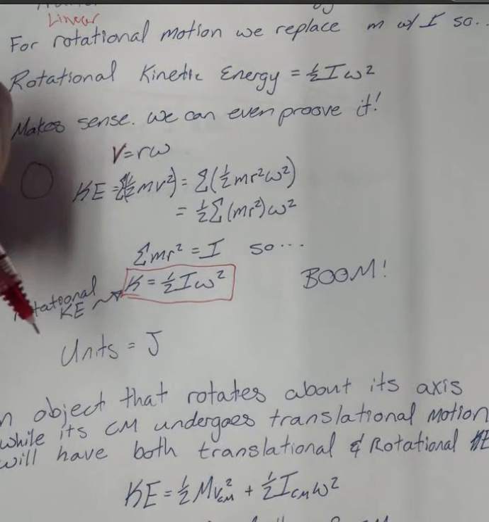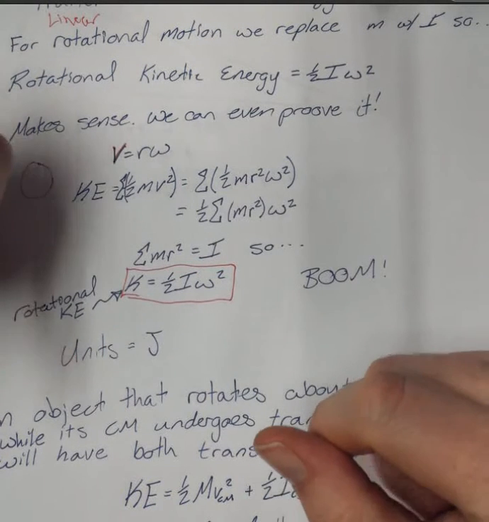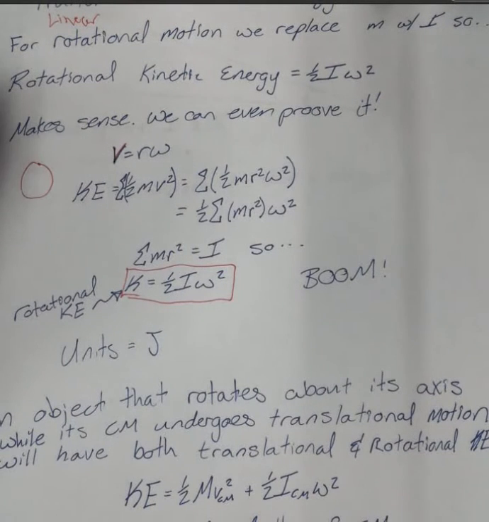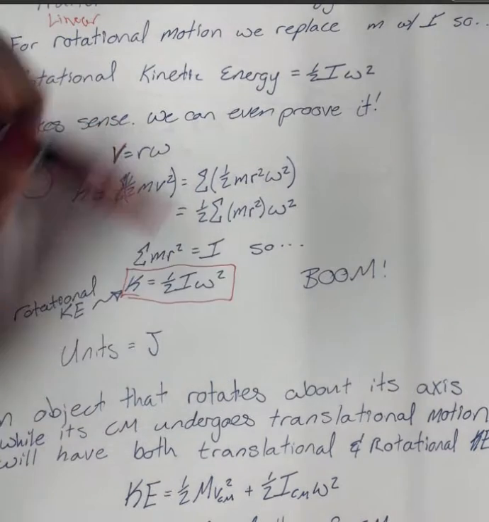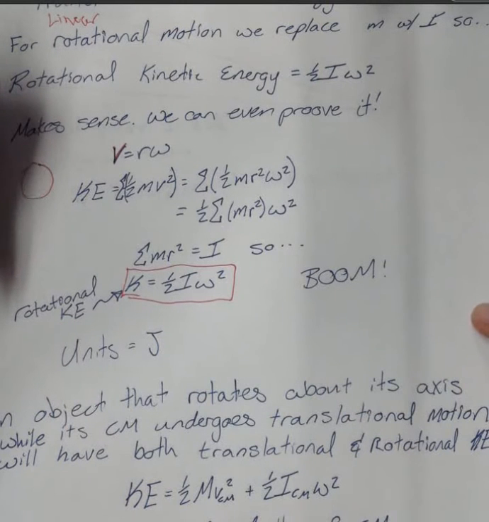So if you have an object like a wheel, that wheel travels from point A to point B. But when that wheel travels from point A to point B, it also rotates. If it's moving with linear motion, it will have linear kinetic energy, 1/2 mv squared. If it's rotating, then it will also have rotational kinetic energy, 1/2 I omega squared.